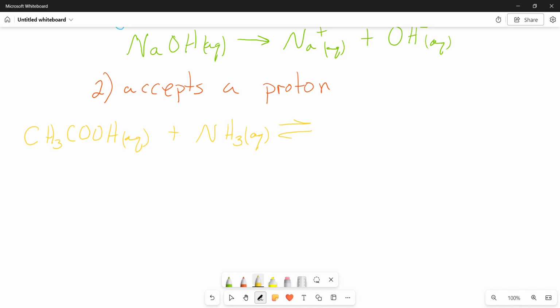The forward and backward arrows just mean equilibrium. Don't worry too much about that right now. Again, that's more for Chem 112. We get CH3COO minus aqueous plus NH4 plus aqueous, which is ammonium.